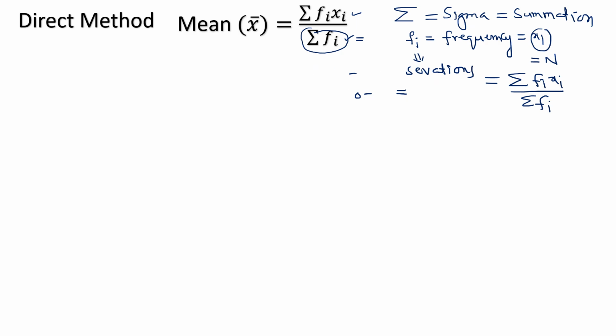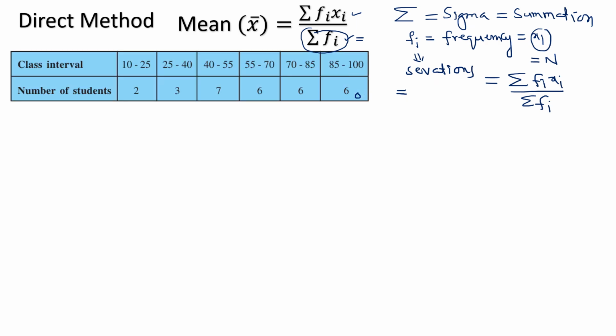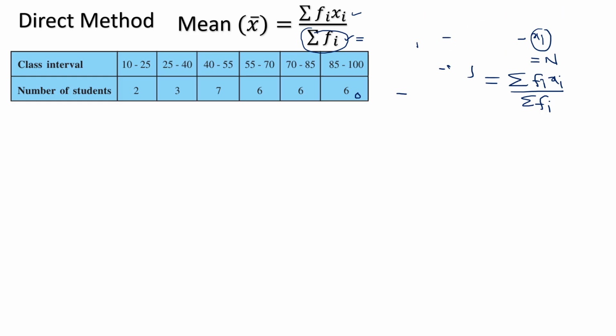Okay, so this is our data. We want to find the mean for this data. If you observe, it is in the form of class intervals, that means it is grouped data. Whenever you have grouped data, we specifically talk about only the class interval, that too continuous class interval.